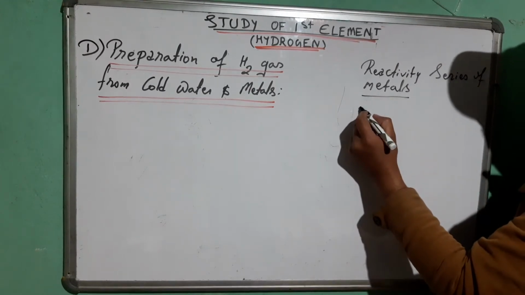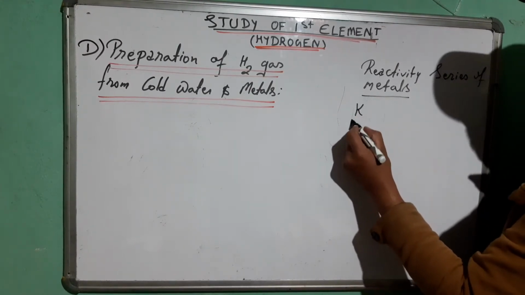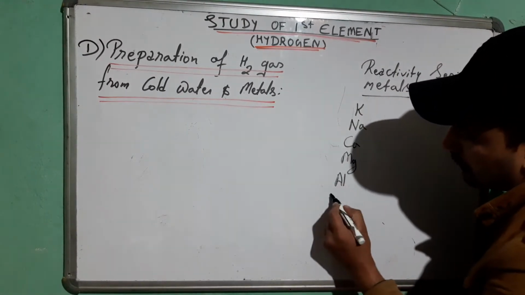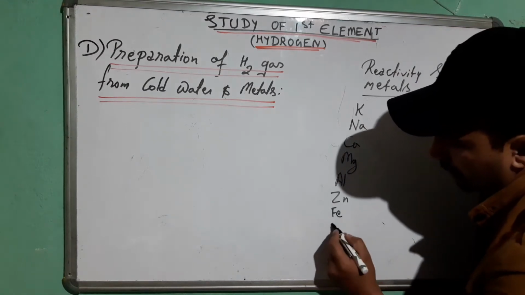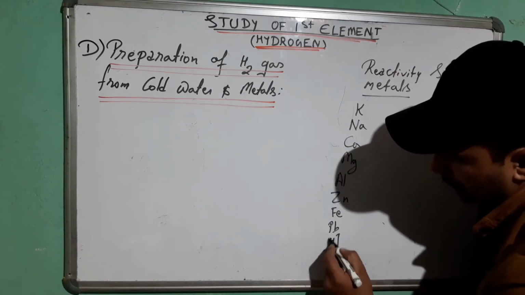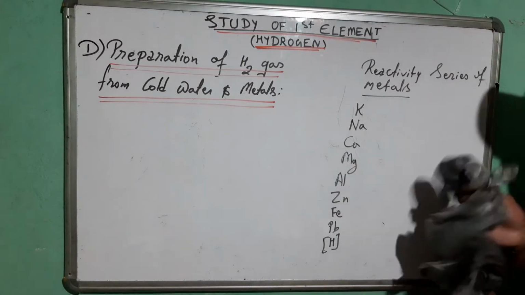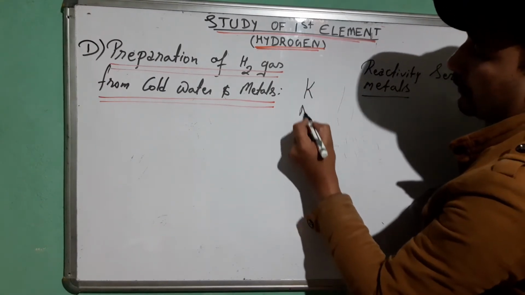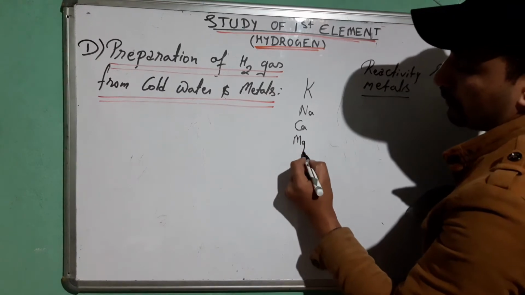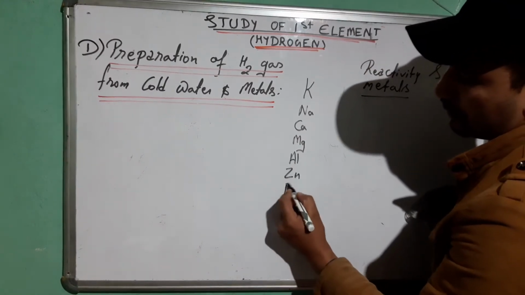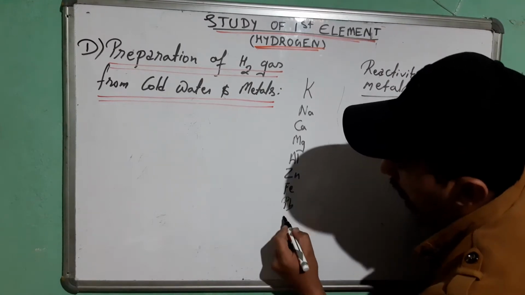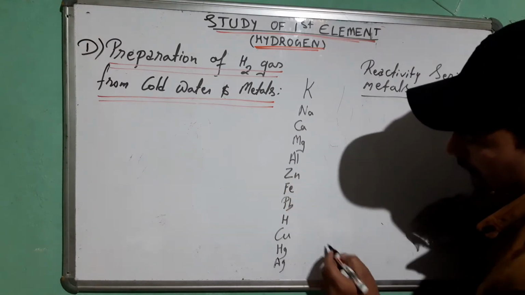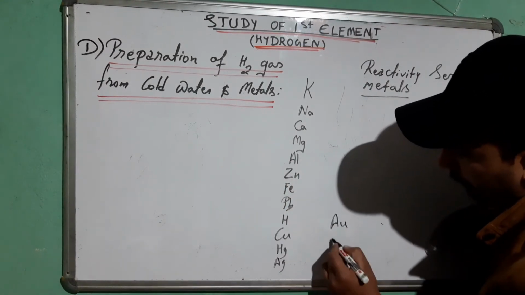So first comes potassium. Below this there is gold and below that there is platinum.